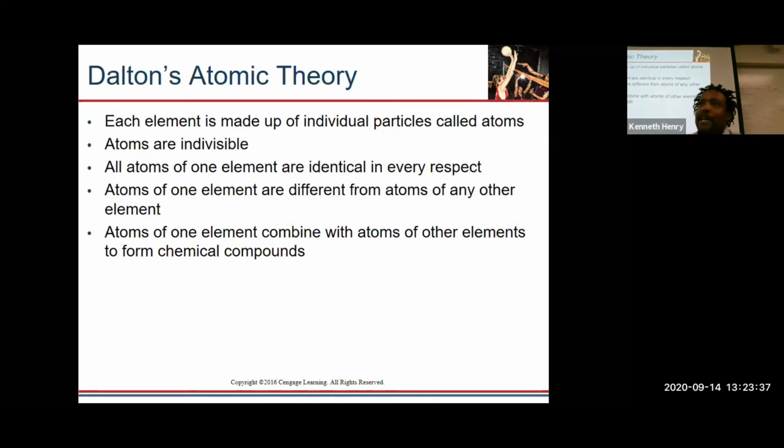So it can't be broken down into smaller parts, right? It says all atoms of one element are identical in every respect. Atoms of one element are different from atoms of another element. Atoms of one element combine with atoms of another element to form chemical compounds.